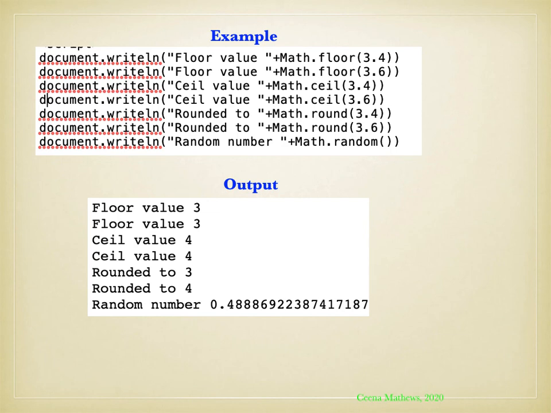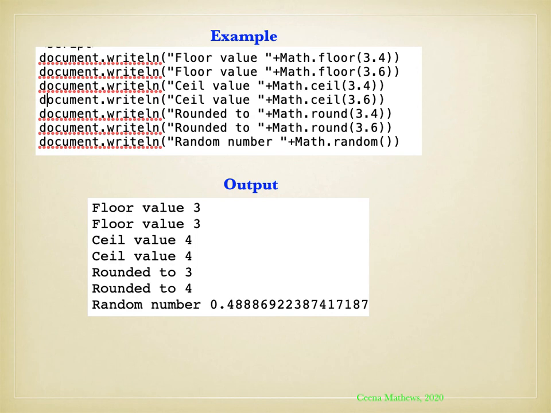Next is random number. Random number generates a number randomly between the values 0 and 1. That is 0 is included for this case. That is, the random number may generate 0 as an output in some cases, but it never displays 1 as the output, since within this range 0 to 1, 1 is not included.